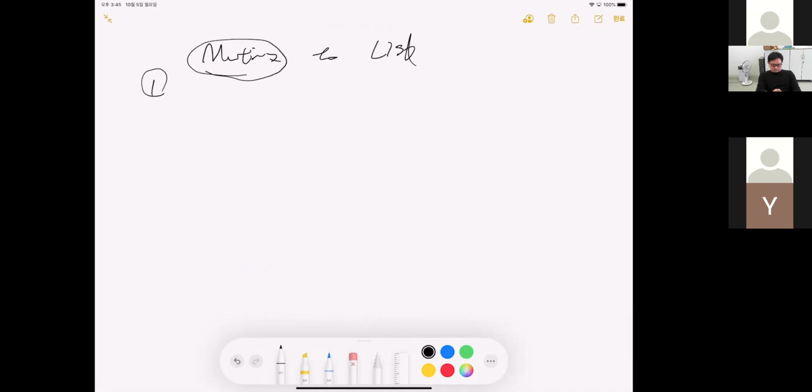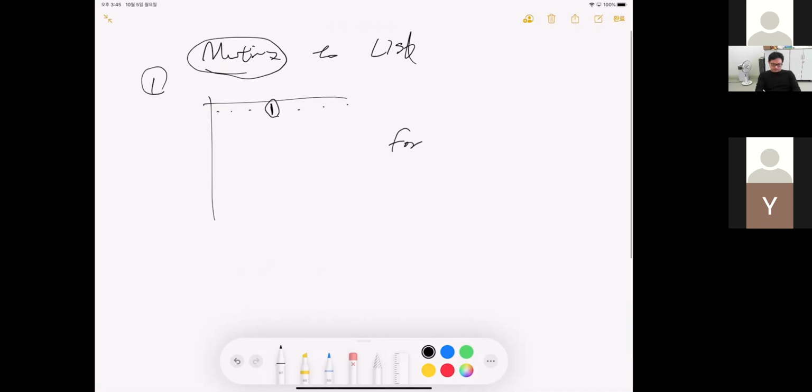If they are connected, then it's a 1. So for every 1, I'm just going to append the corresponding x to the list at index i, if matrix i, j is 1.